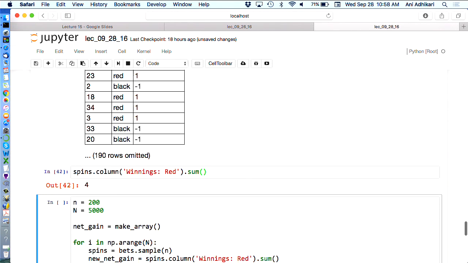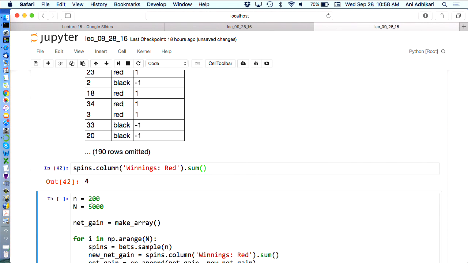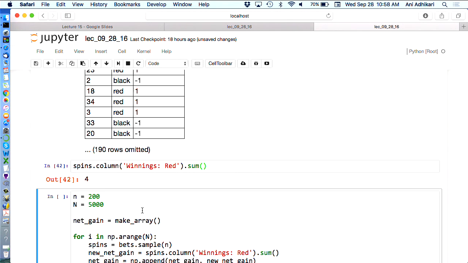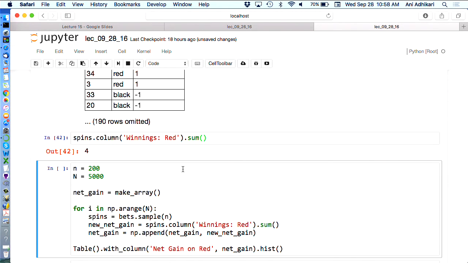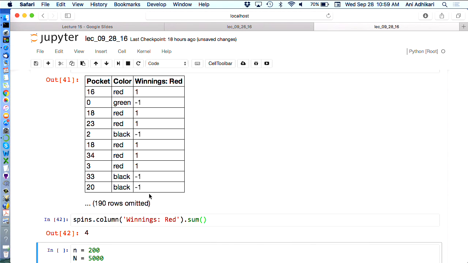Okay, excellent. So for me, this is the number of bets I'm going to make. I've decided on 5,000 repetitions because I just don't want to wait here until the thing cranks. Now, we are going to want to add up the numbers in an array and then collect all those winnings. Agreed?